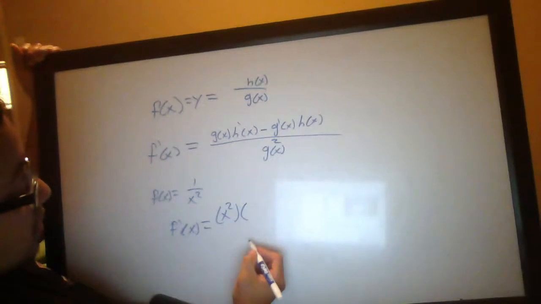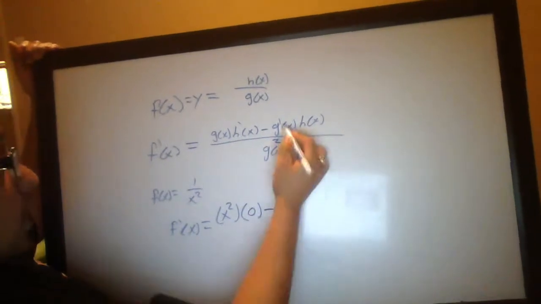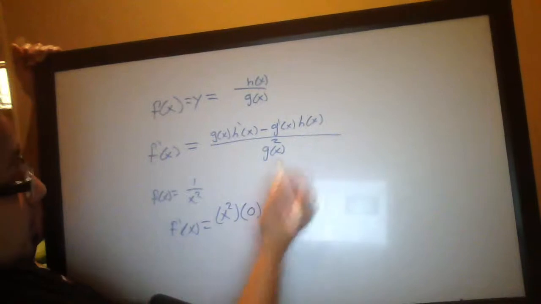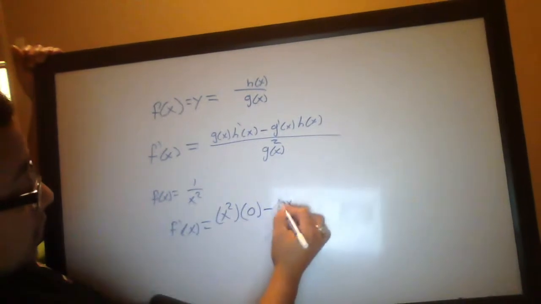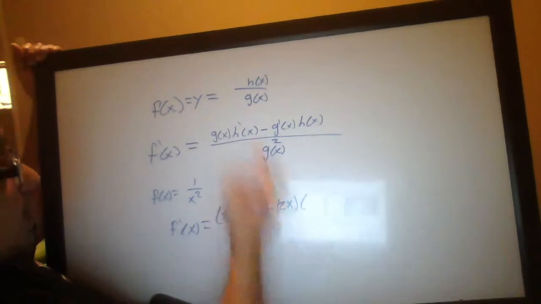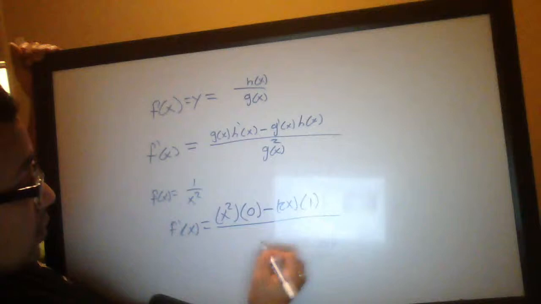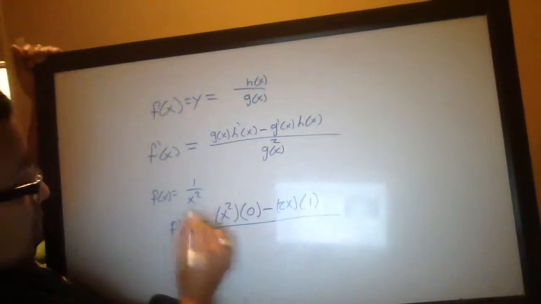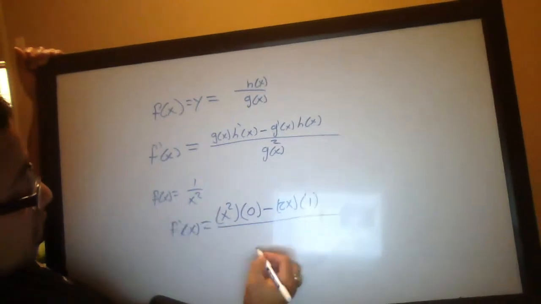The derivative of constant 1 is 0, minus g prime of x. So the derivative of g is just 2x times h of x, in our case 1, all over g of x squared. So x squared squared, which is x to the 4th.